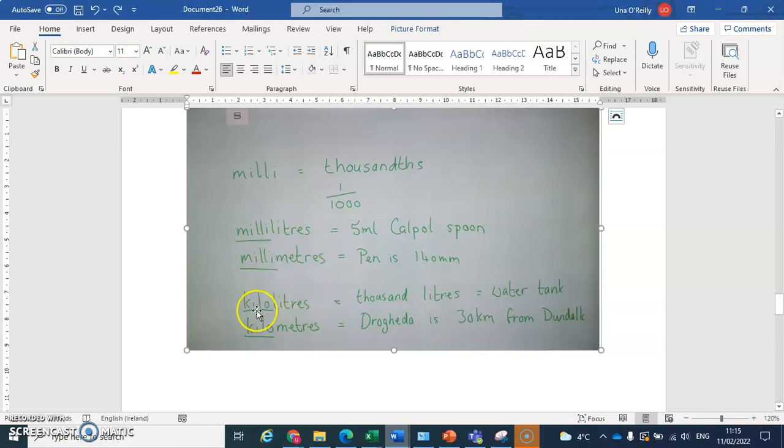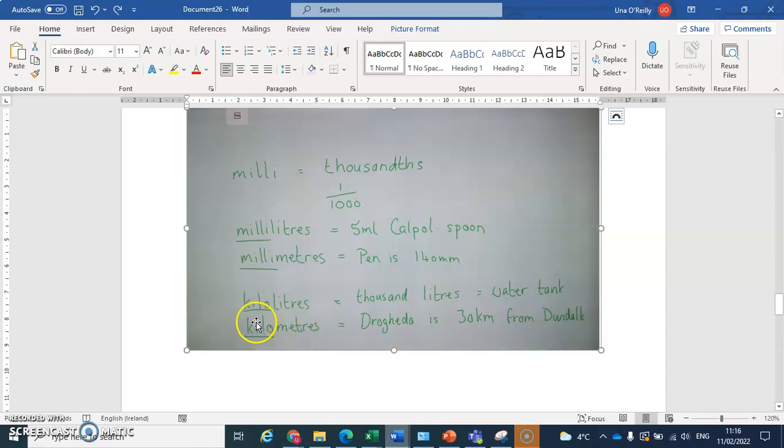When we talk about kilos, though, kilos are 1,000 times. So milli is 1,000 times smaller, kilo 1,000 times bigger. When we're talking about kiloliters, that might be something like a water tank, something that holds a lot of liquid. Or kilometers. Drogheda is about 30 kilometers from Dundalk.